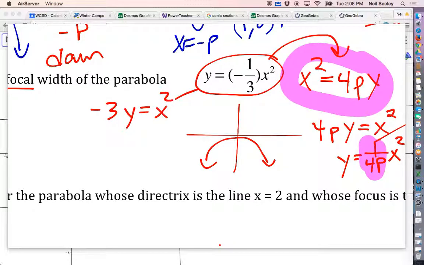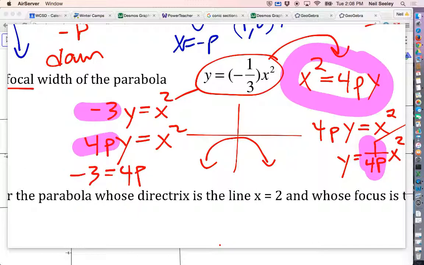If I line that up with the standard form 4py equals x squared, you get the same scenario: -3 equals 4p, and you solve that equation and all is well. So -3 equals 4p, and voila, p is -3/4. Awesome. It's all about P.